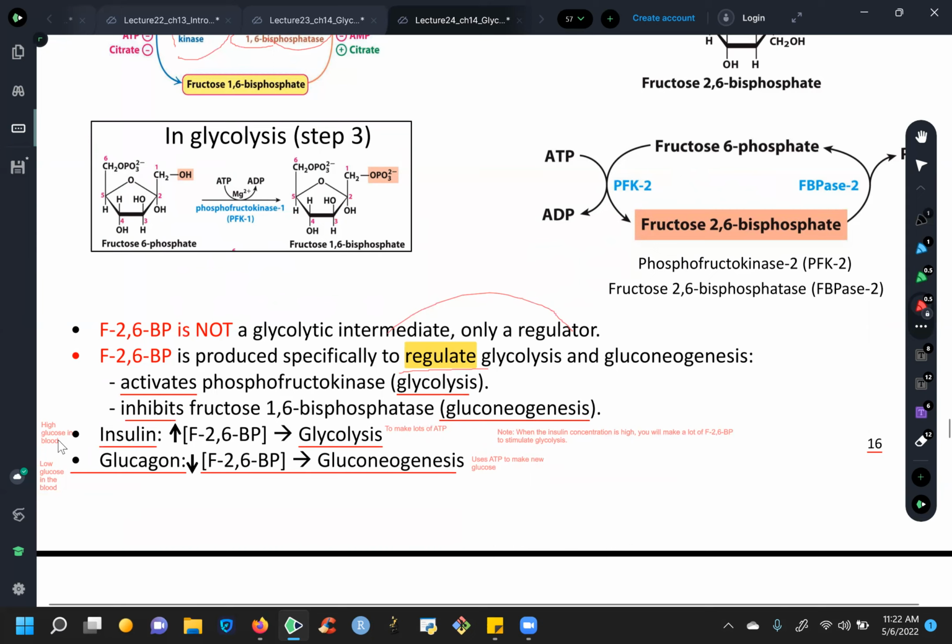I think she might ask you, if you just had a cheeseburger, which of the following would happen? Well, you would get insulin, and that would increase the concentration of fructose 2,6-bisphosphate, and that would promote the process of glycolysis to make lots of ATP.